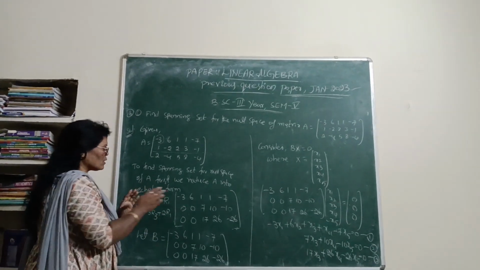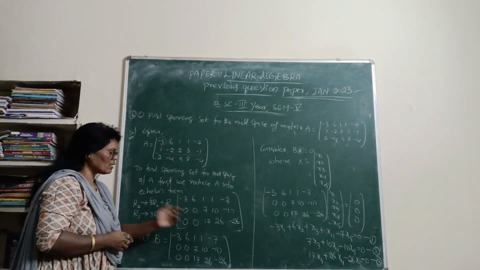So after reducing the given matrix, we are getting this one.